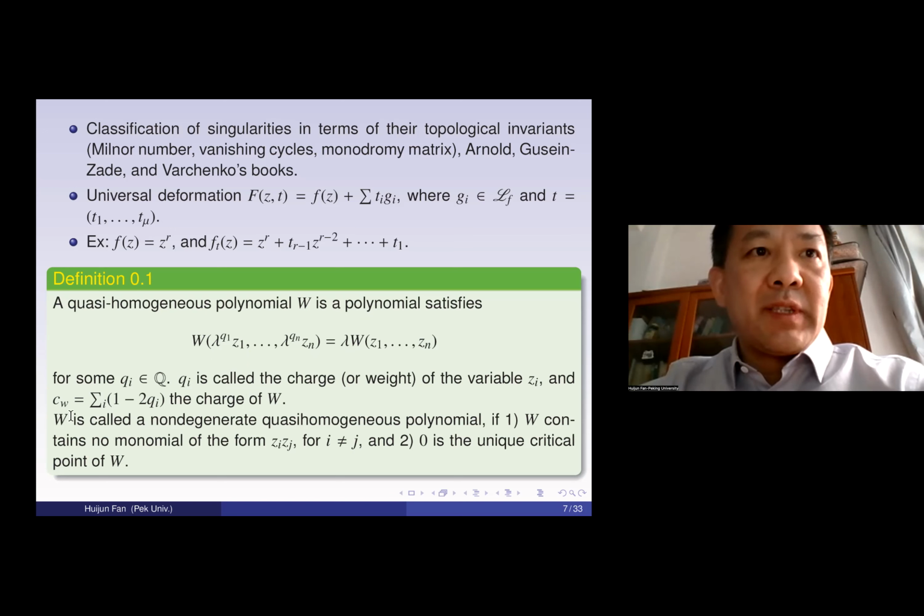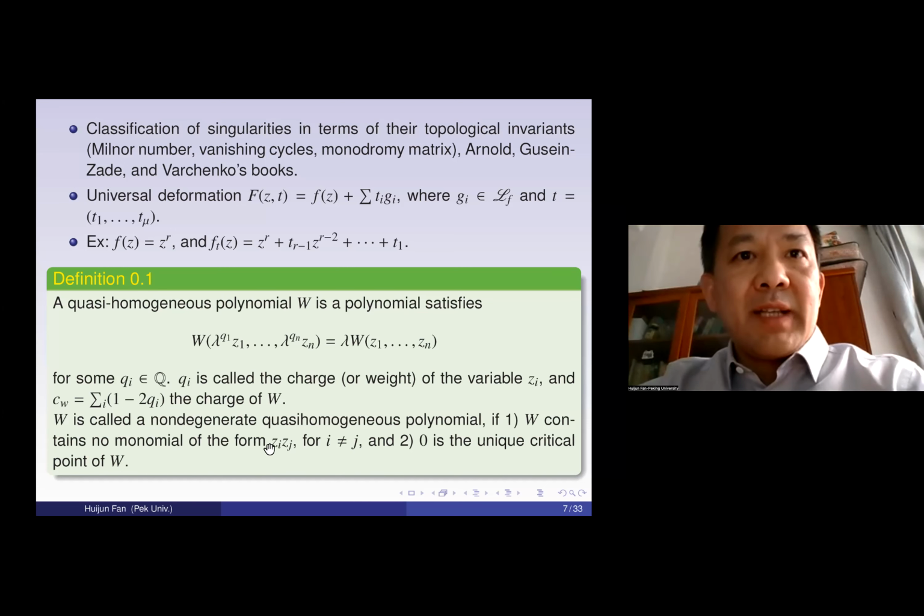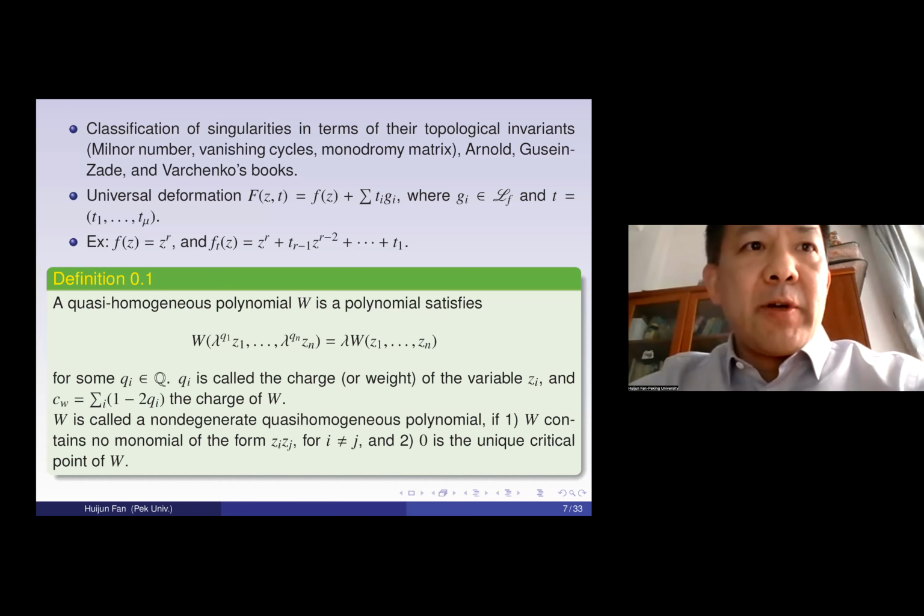And we have an important invariant, c_W. c_W is defined as the sum over i of 1 minus 2q_i. So c_W is called the charge of W. We say W is a non-degenerate quasi-homogeneous polynomial if, first, W contains no monomial of the form z_i times z_j for i not equal to j, and second, 0 is the unique critical point of W. So this is the definition of a non-degenerate quasi-homogeneous polynomial.